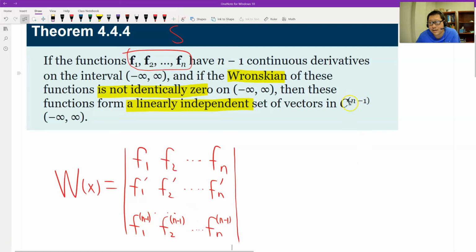The condition says the n minus 1 derivatives are continuous, so all these functions have a good property. And then we calculate this Wronskian. The Wronskian is a function. If it is not identically zero, then we will get that the set is linearly independent.